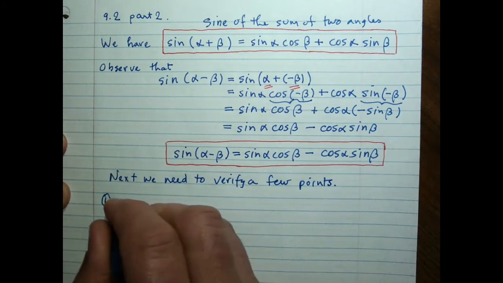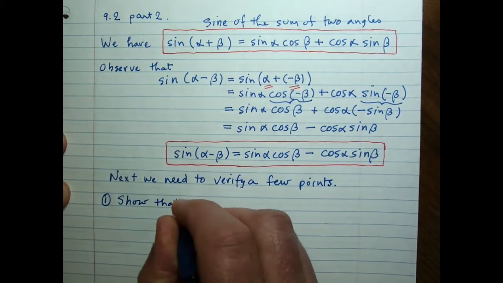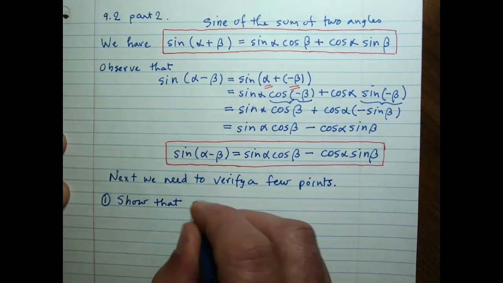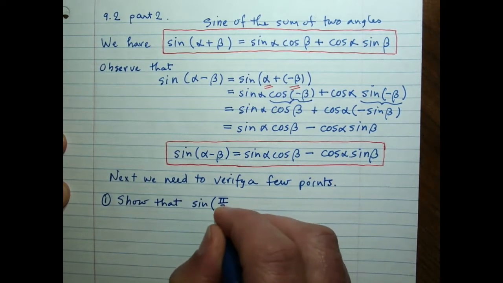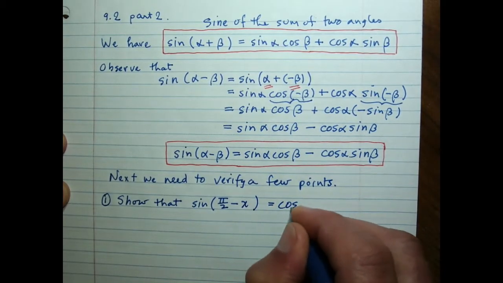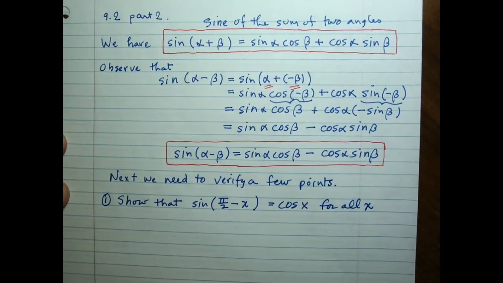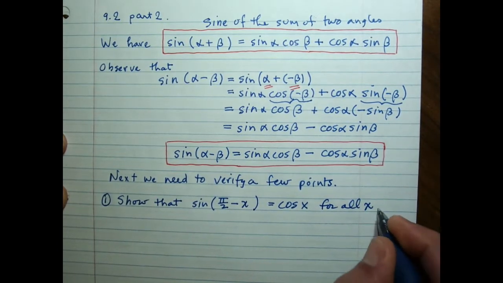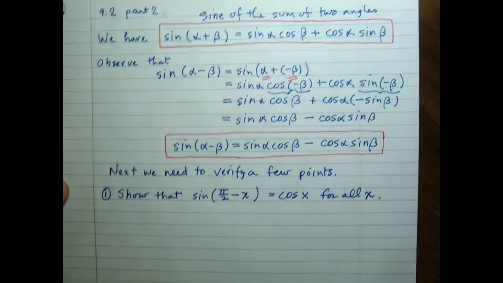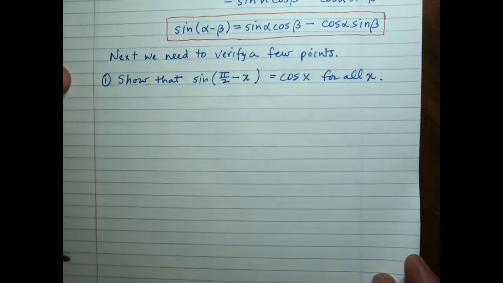Number one, first we're going to show that sine of pi over 2 minus x is equal to cosine x for all x. Okay. Sine of pi over 2 minus x equals cosine x for all x.